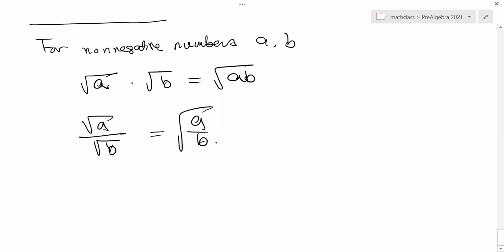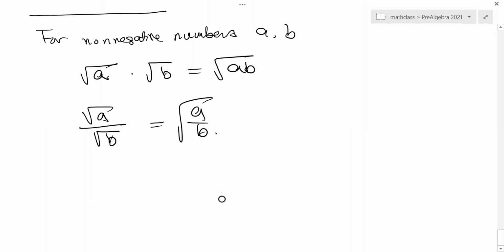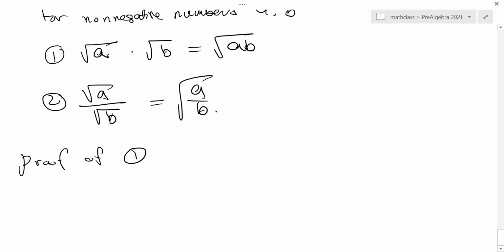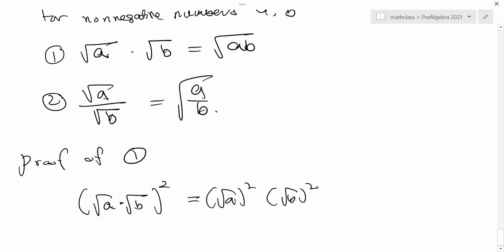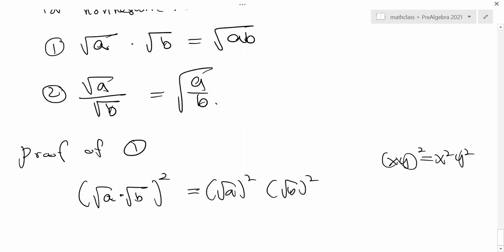Actually, we can prove that. All right. How do you prove the first one? Proof of the first identity. You want to prove this is true, right? So take some number, the product of those two square roots. When that's squared, I get the square of this and the square of this. This is clear, because we're using the formula (x times y) squared is x squared times y squared, which we already learned before.